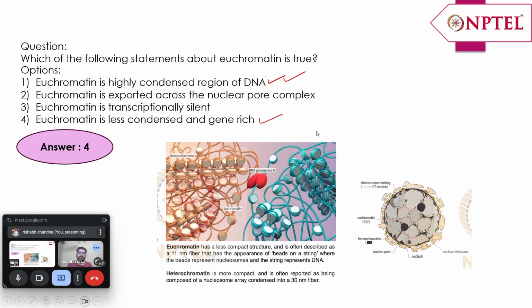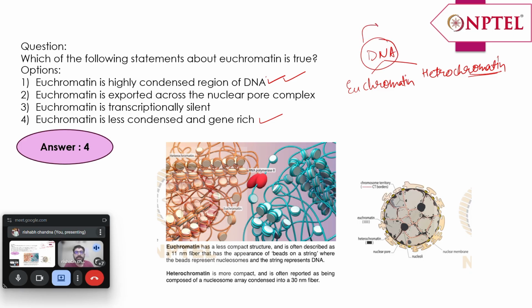So in DNA, we have two regions, euchromatin and heterochromatin. How they are distinguished is when we stain DNA with a stain called Giemsa stain. Giemsa stain stains the nucleus.